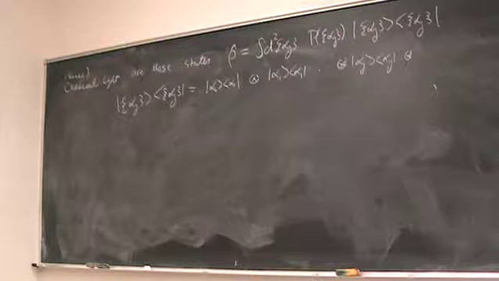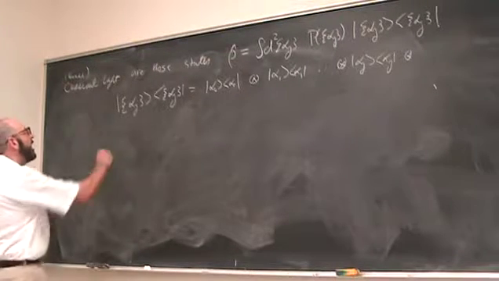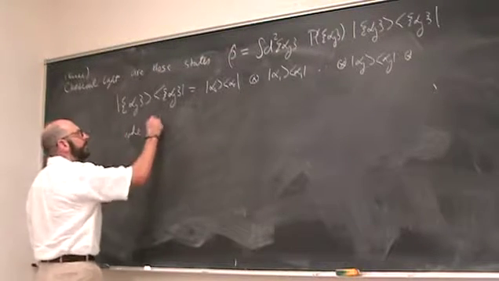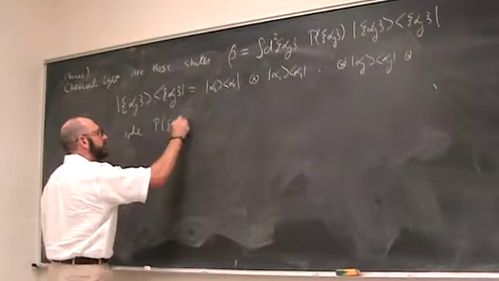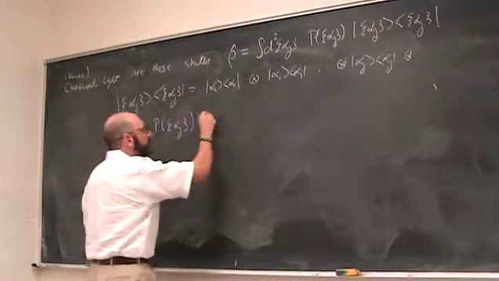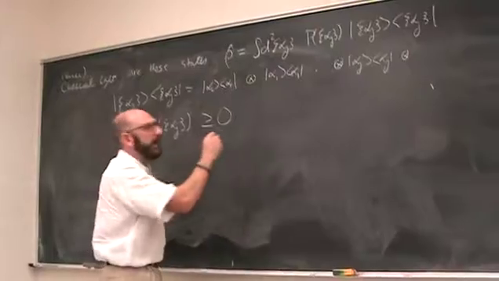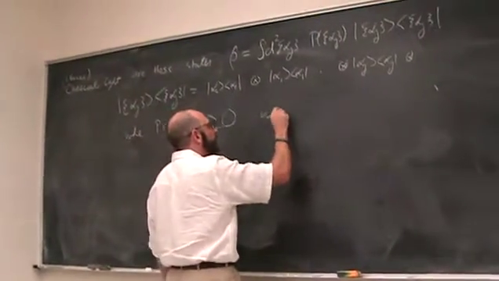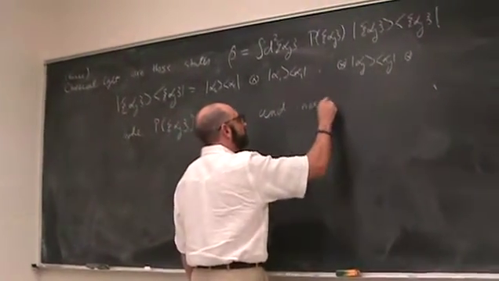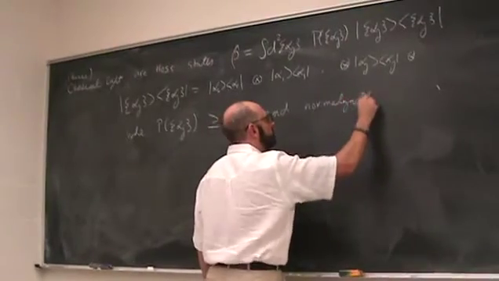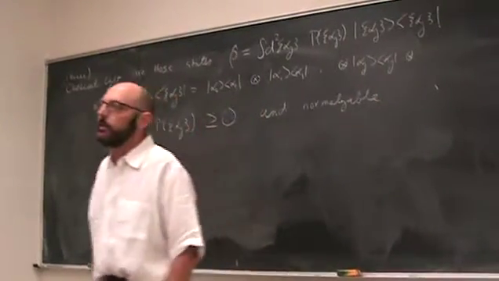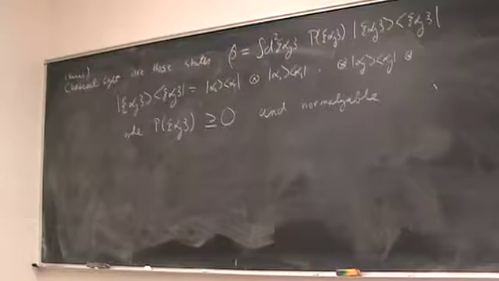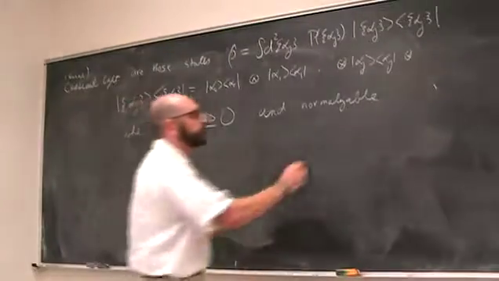So states of that sort are the thing where this function is positive or non-negative and normalizable. Then we would call it a classical probability distribution.